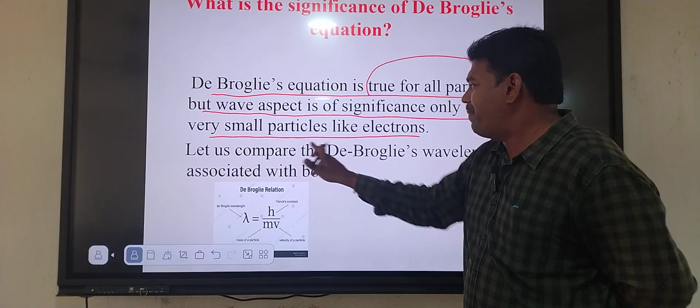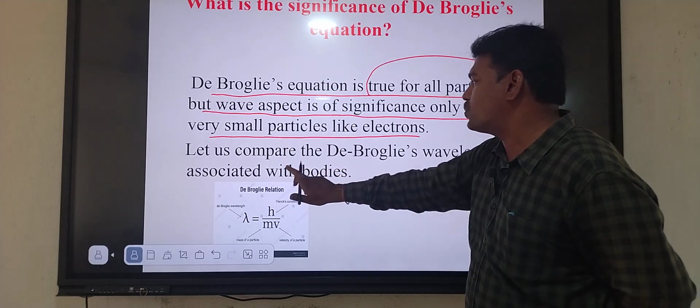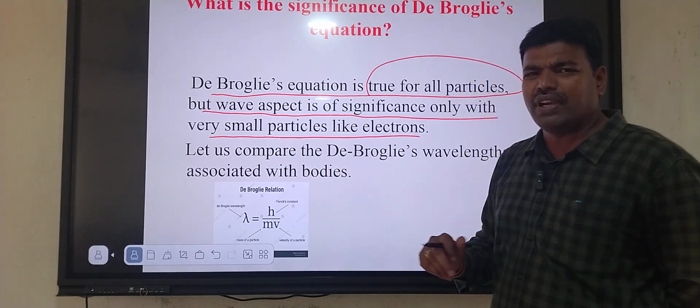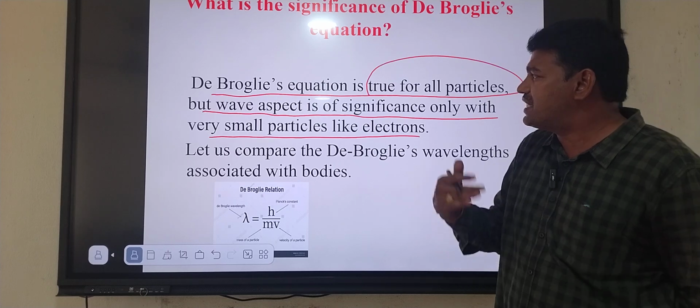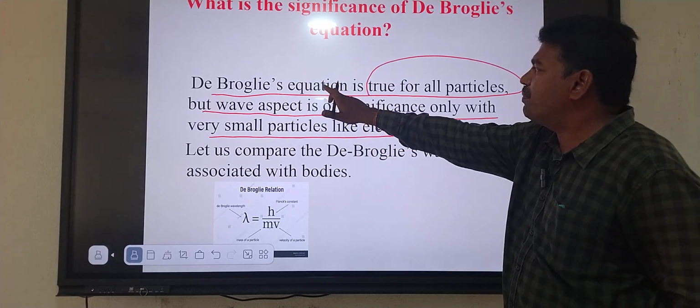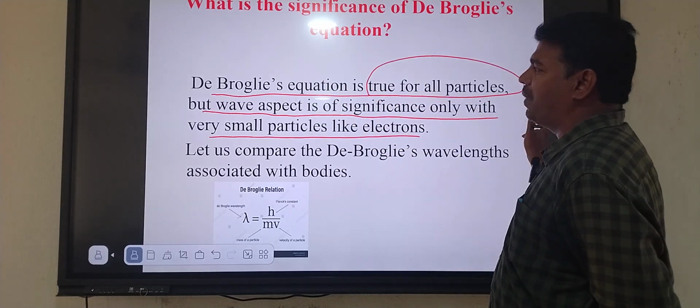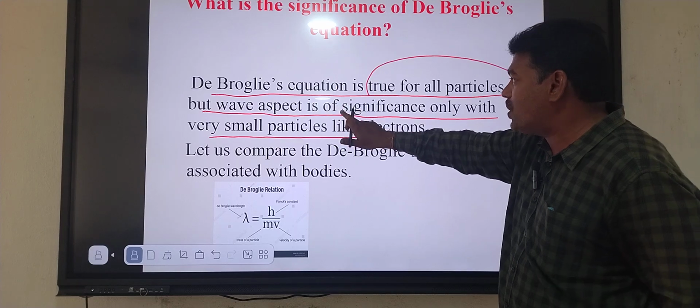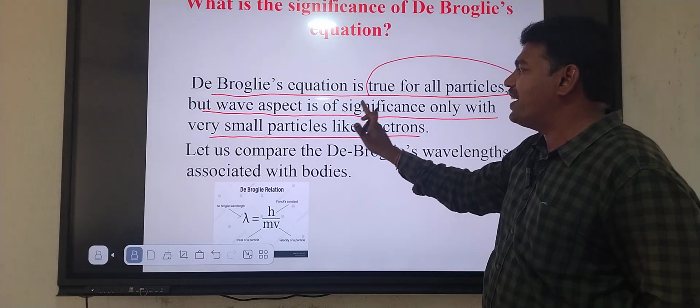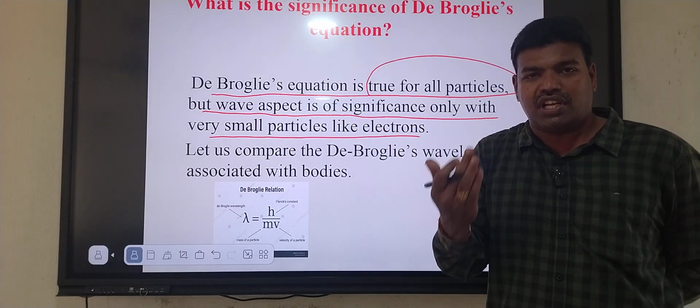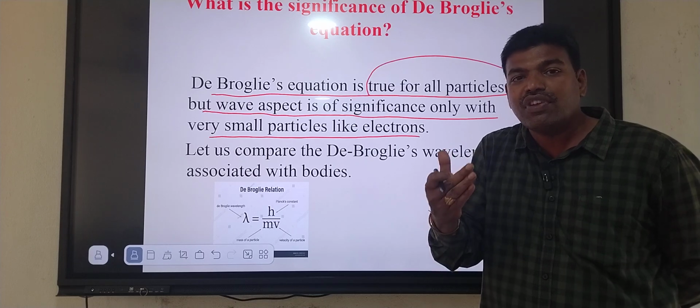Now let us compare the de Broglie wavelengths associated with bodies. We shall compare how de Broglie's equation is true for all particles, but the wave aspect is of significance only with very small particles like electrons. How is this possible?